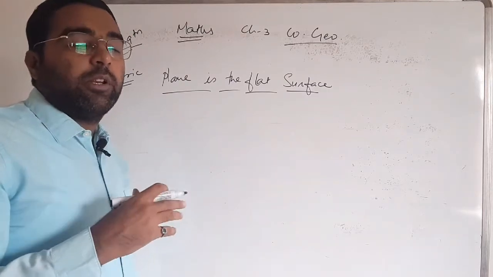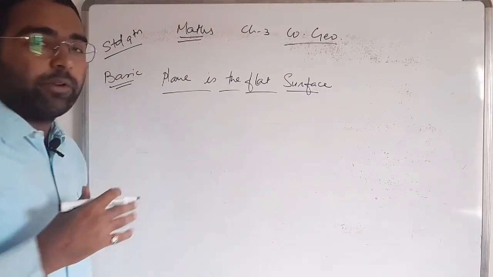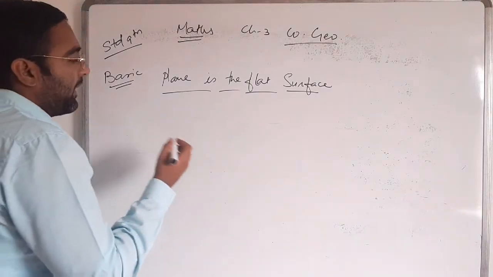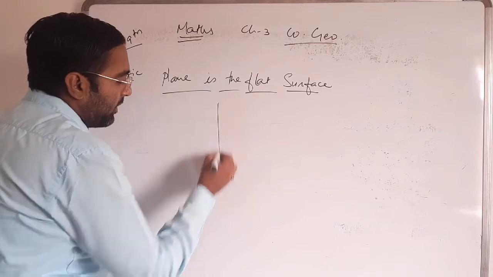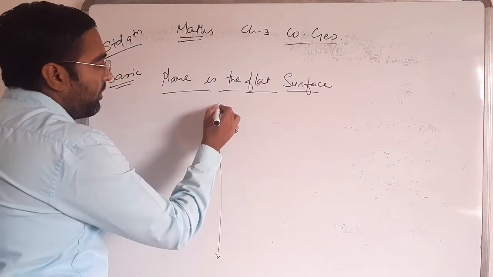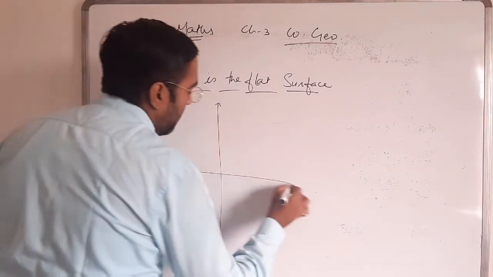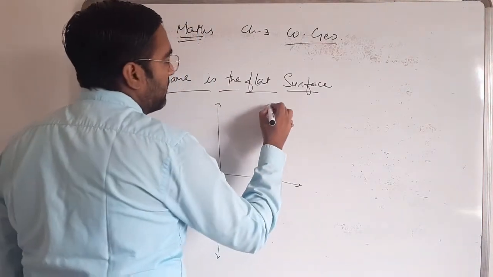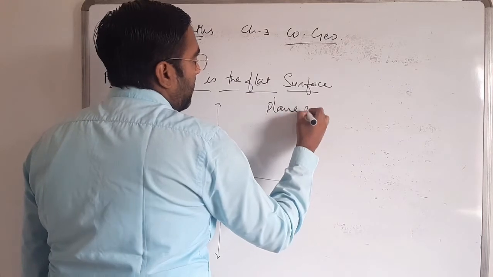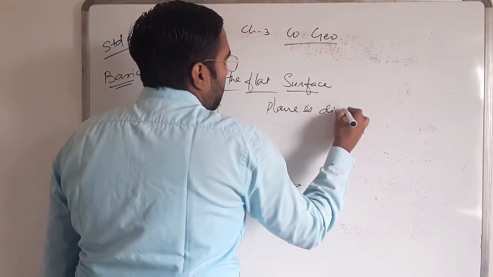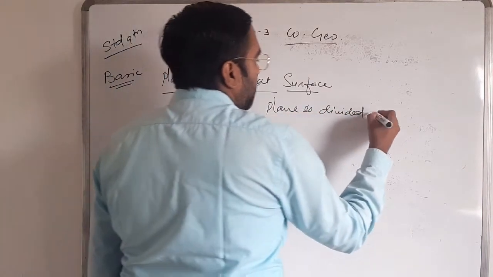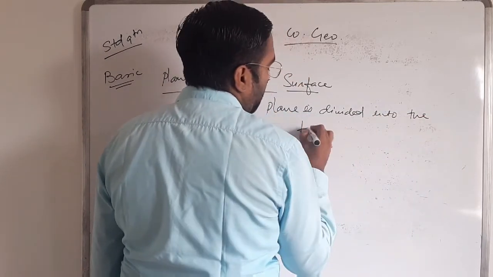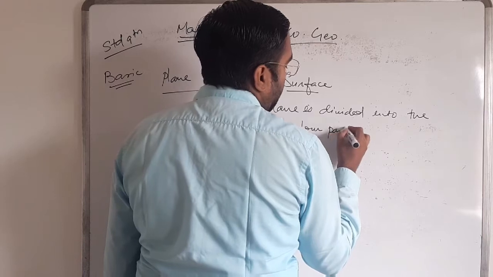As per the name of the chapter, it is a geometrical part, but it's coordinate geometry. So whenever we have to use coordinates, the plane is divided into 4 parts.